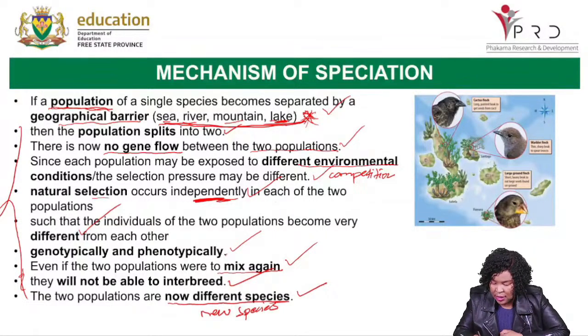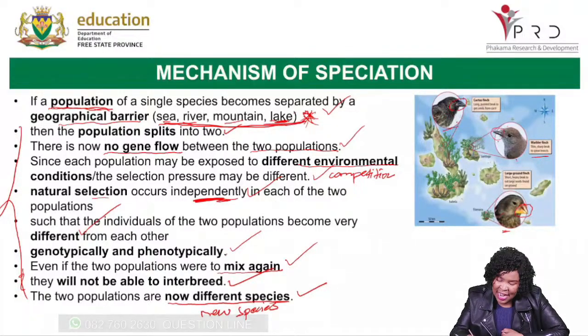If you take a look at these diagrams, you see the finches. These are the cactus finches. You see the warbler finch, and then you see the large ground finch. All of these three birds are finches, but they are not the same. If you take a look at the beaks of these finches, you can see that they are not the same. Even the colors of the fur are not the same.